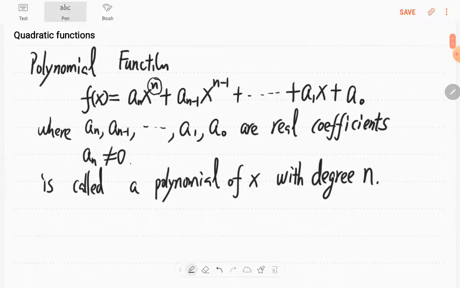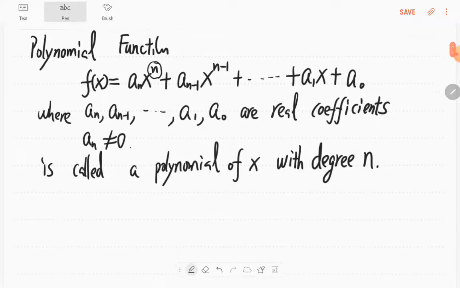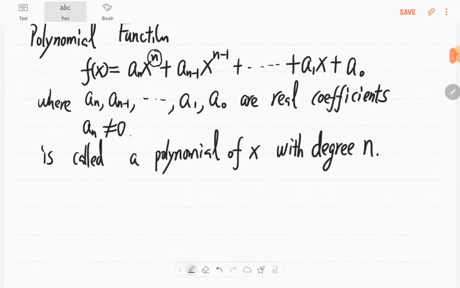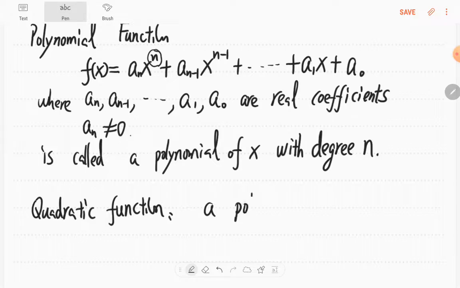So the quadratic function is a very special polynomial. What does this mean? This means it is a polynomial with degree 2. The highest power is 2.